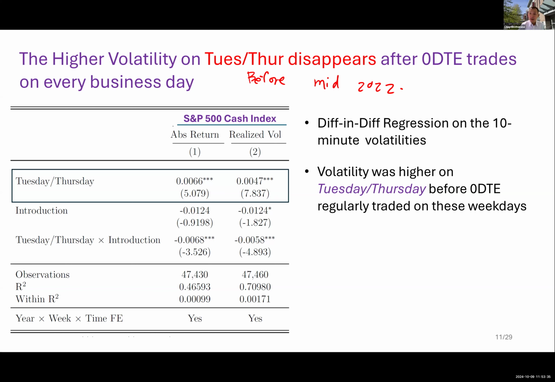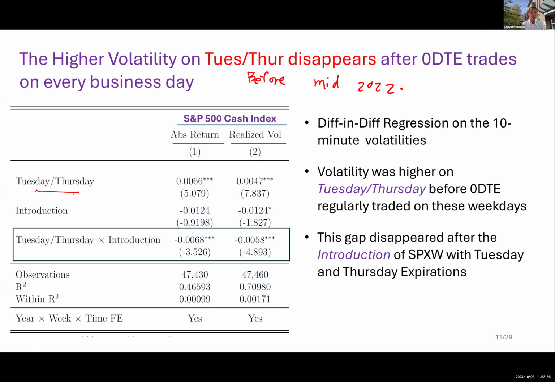So here in the diff-in-diff, we have an indicator for Tuesday and Thursday, and it shows volatility was higher on Tuesday and Thursday because before the introduction of zero DTE contracts, you don't observe zero DTE trading much on Tuesday and Thursday. However, if you look at the introduction term, once Tuesday and Thursday have zero DTE trading, this gap is reversed. So it's suggesting that all this volatility difference across the day of the week is coming from the expiration of zero DTE.